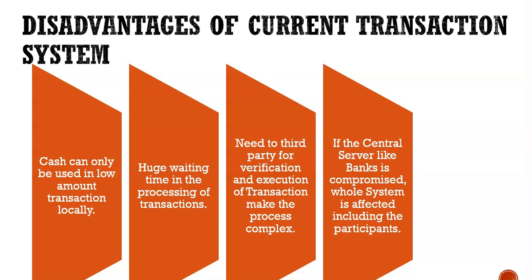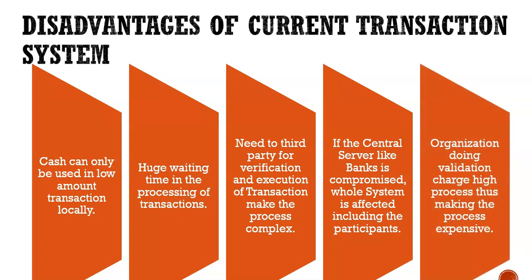If a bank is compromised or the server of the bank is compromised, then the whole system will be affected, including the participant. Suddenly, if you log in to your account and see there is no balance, or there is some problem with the software and the software got corrupted, then what do we do with the money? We will not have any way to get out of it, right? So this is a major disadvantage of the current transaction system.